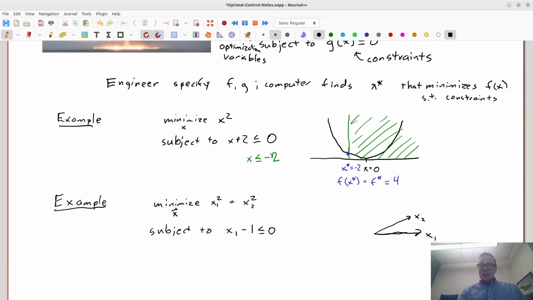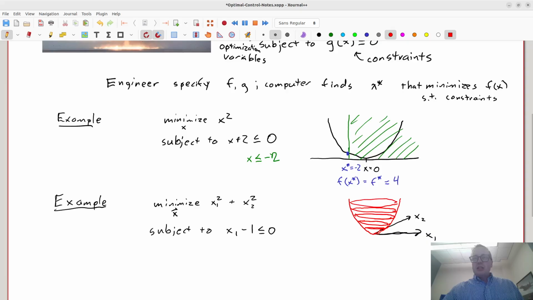And then the objective, I'll make this in red here, is like a bowl in 3D space. Hopefully you can see this bowl that I'm drawing here. These are like lines where f has the same value, like topographic lines on a topo map, basically. And so it makes this bowl structure with these two optimization variables, x1 and x2.